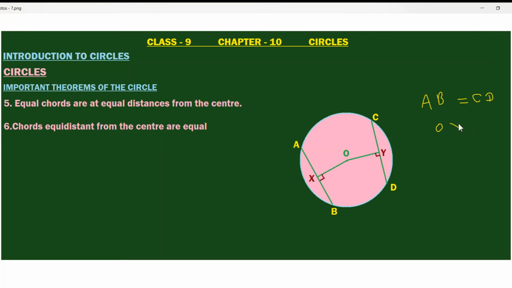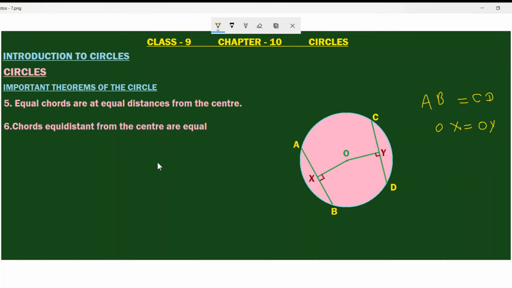That means OX is equivalent to OY. Here OX is the distance from the center of the circle to the chord AB, and OY is the distance from the center of the circle to the chord CD. These two will be equal to each other.